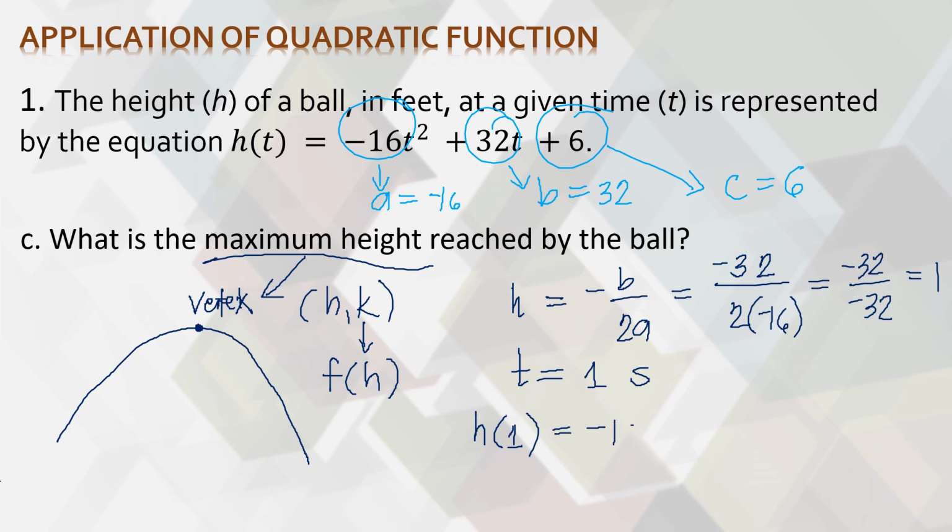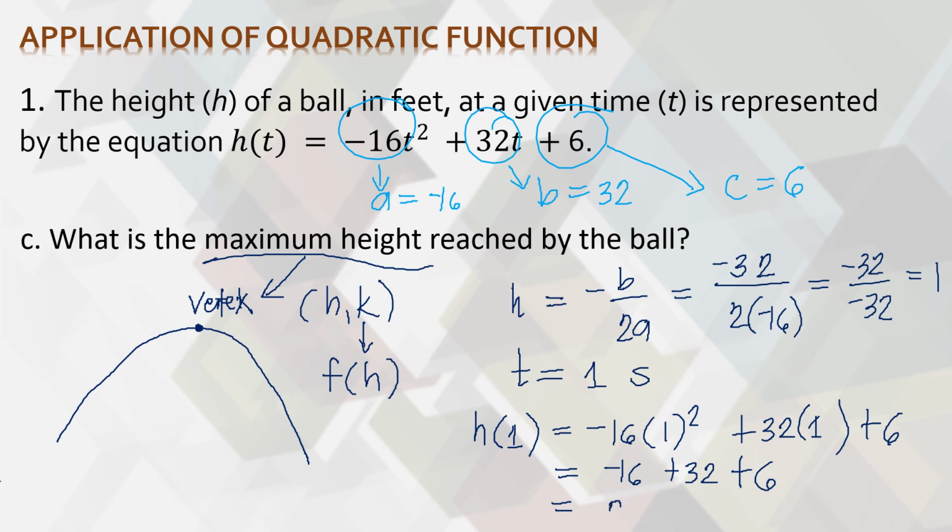Substitute by evaluating functions. Negative 16 squared 1 plus 32 times 1 plus 6. So we have negative 16 plus 32 plus 6, so we have 16 plus 6, which is equal to 22.